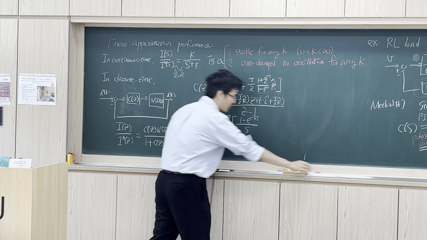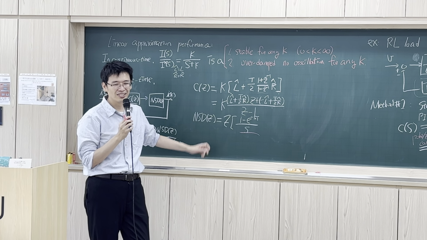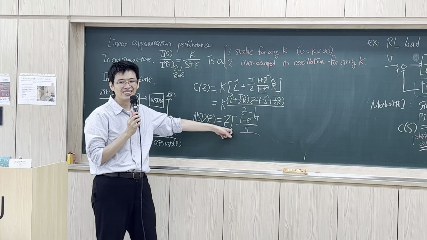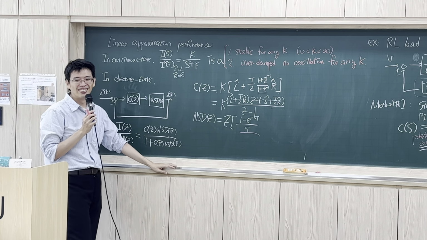Please remember the zero order hold in SDZ. Last year, I remember no student did that, but the year before last year, in the final exam, there were still some students who forgot this 1 minus exponential minus Ts over s for their SDZ development. In the final exam, some students still gave us the wrong SDZ.